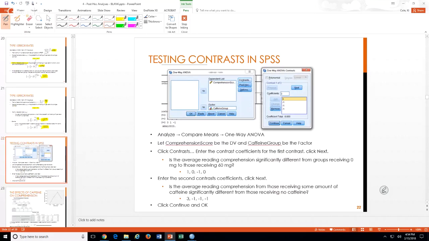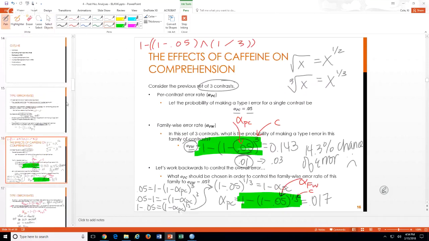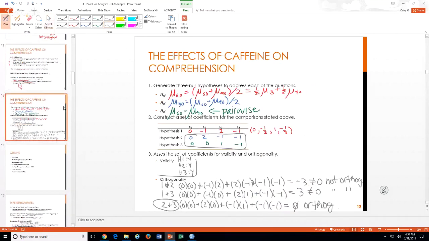So I brought up the comprehension and caffeine data set. Let's reference back to this one here, slide 13, and we have our table of coefficients here in the middle.